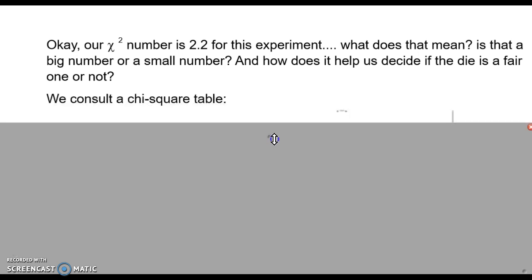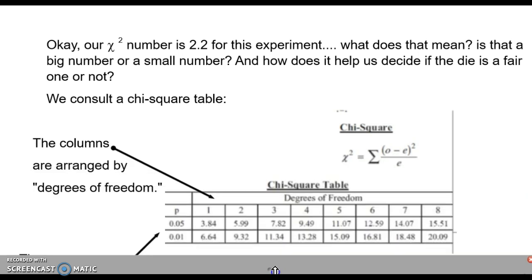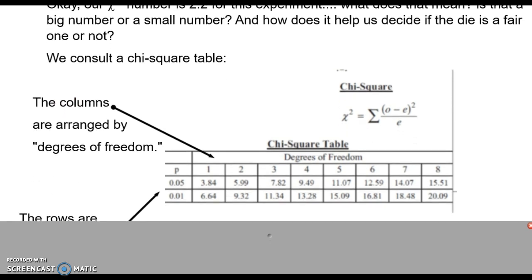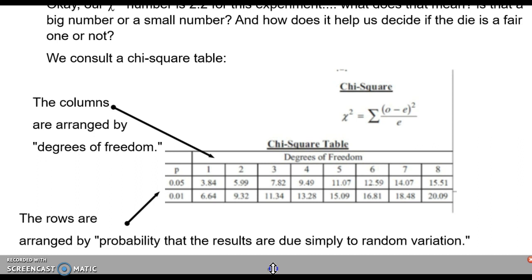Okay, so there is something called a chi-squared table, and this is a really familiar table that is provided to all AP biology students. The chi-squared table is a series of numbers, and it's organized in a certain way. Each column, 1 through 8 here, is arranged by what we call a degree of freedom. We'll talk about that in a moment.